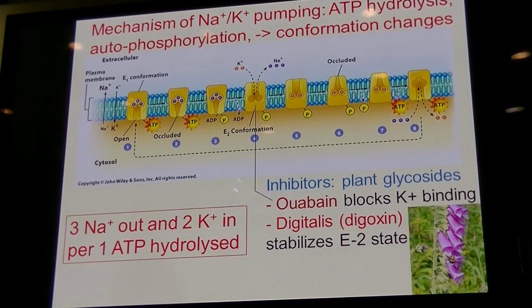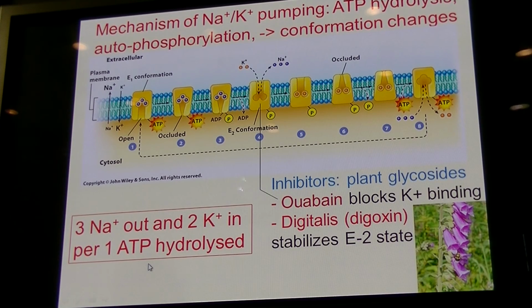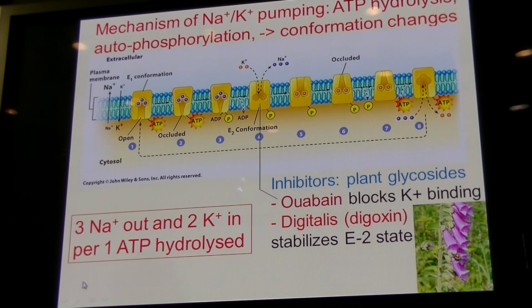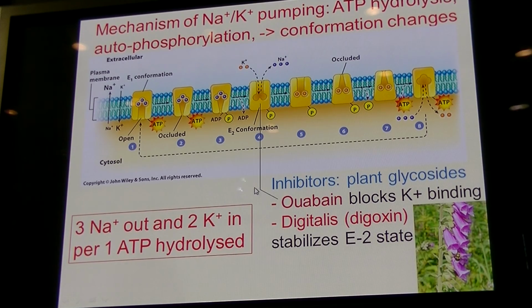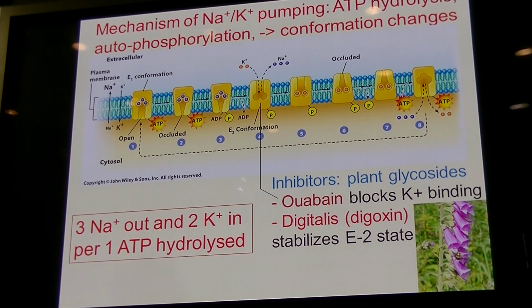And you can ask the question, why is it 3 sodium, 2 potassium, and not something else? I can give you part of the answer. I can give you a much better answer in a week or so. A little bit over a week. So why sodium for potassium? Well, if we move sodium out of the cell, we're not just moving an ion against the concentration gradient, we're also moving charges.